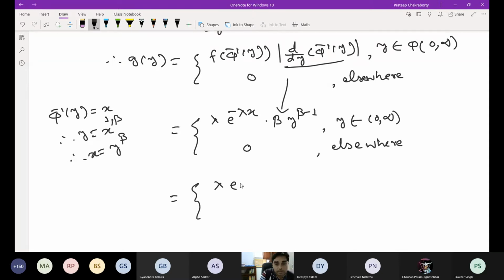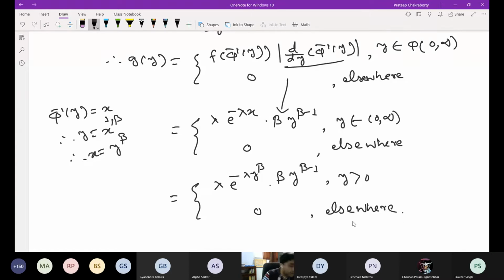So lambda e power minus lambda y power beta into beta y power beta minus 1 if y greater than 0, and 0 elsewhere. I hope I have written correctly. Okay, this is with mod beta: mod beta lambda y power beta minus 1, right?